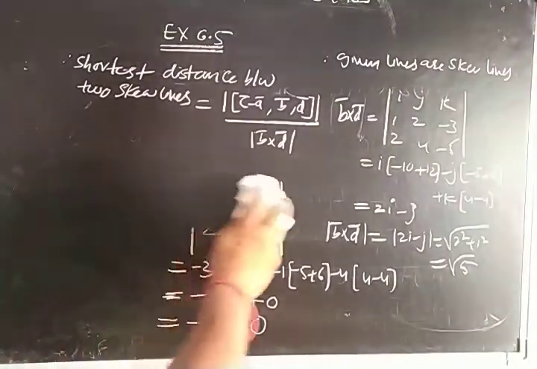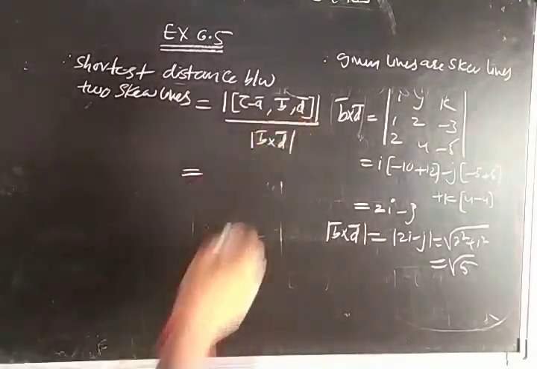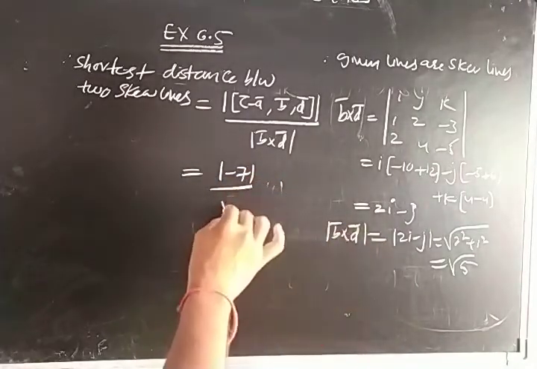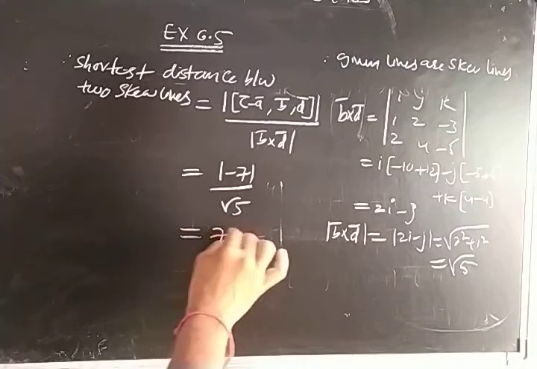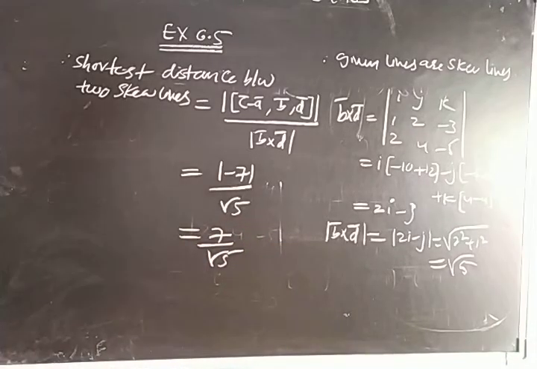Right, what did we get? The bracket is minus 7, so we got minus 7 by root 5. So 7 by root 5 is the shortest distance between the given skew lines. Okay, right. Now next problem.